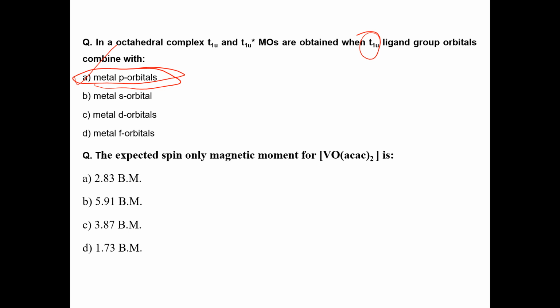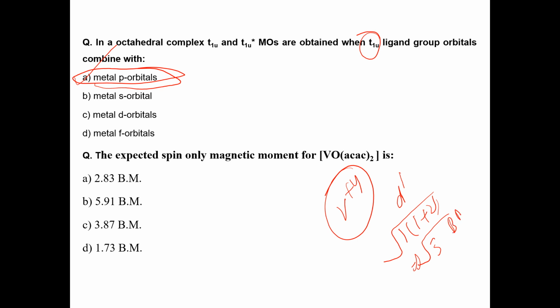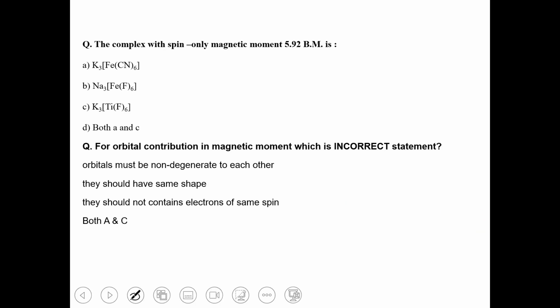The expected spin only magnetic moment for this complex, that is vanadium plus 4. It will be d1, and you can calculate using this formula: it will be root 3 Bohr magneton, that is 1.73. The complex with spin only magnetic moment 5.92: basically, from this value you can get the idea which complex has 5 unpaired electrons.